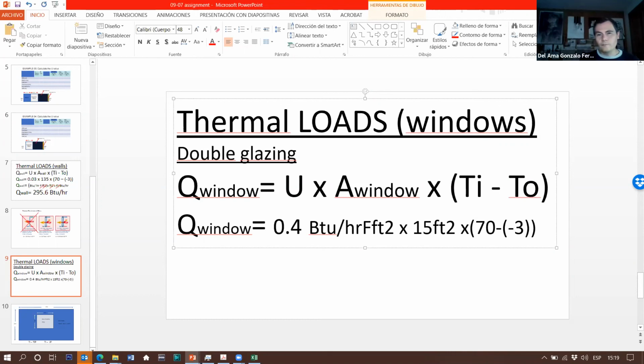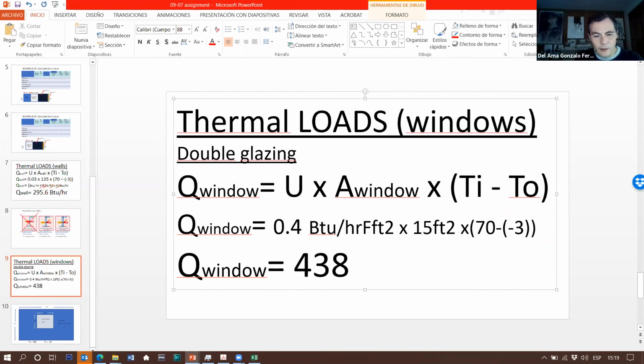So what is the total thermal load through the window? It's 0.4 times 15 times 73. It's 438 BTU per hour.